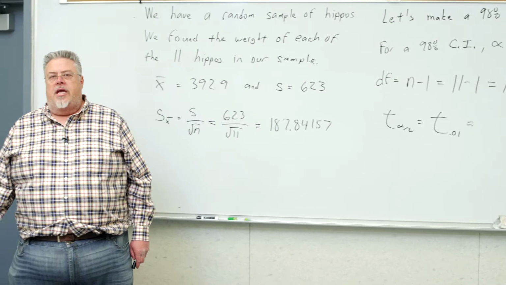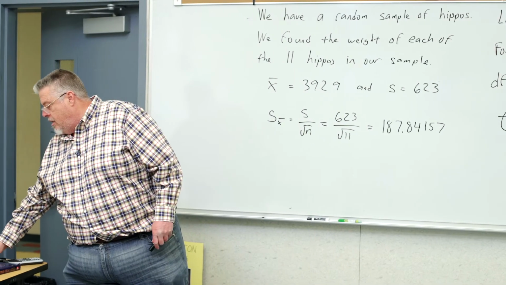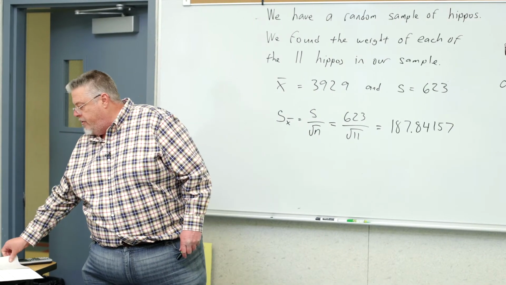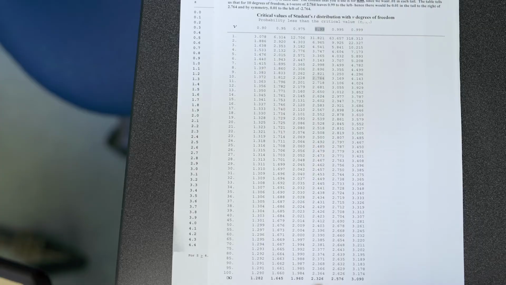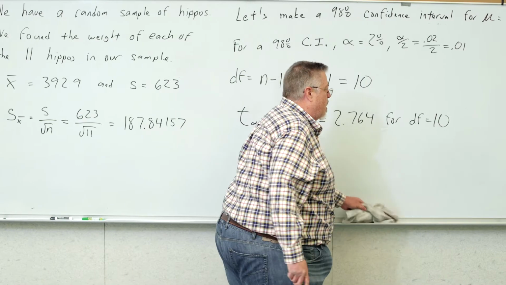So I'm going to ask you to take out, hopefully I asked you to print out the t-table before you did the video. I've got highlighted on here the correct t-score to use is 2.764 for 10 degrees of freedom.